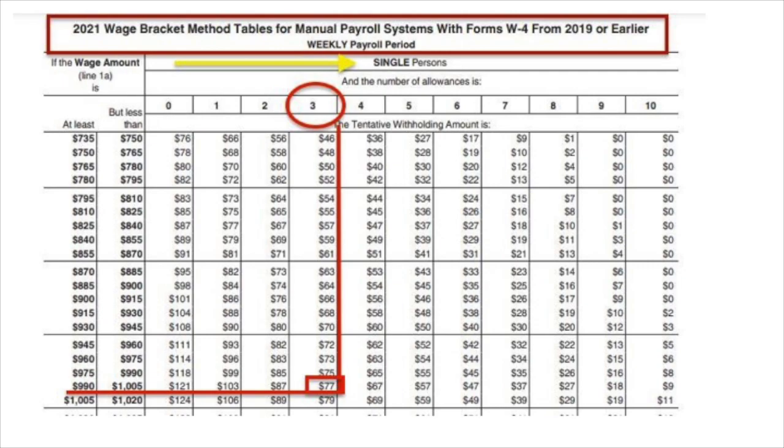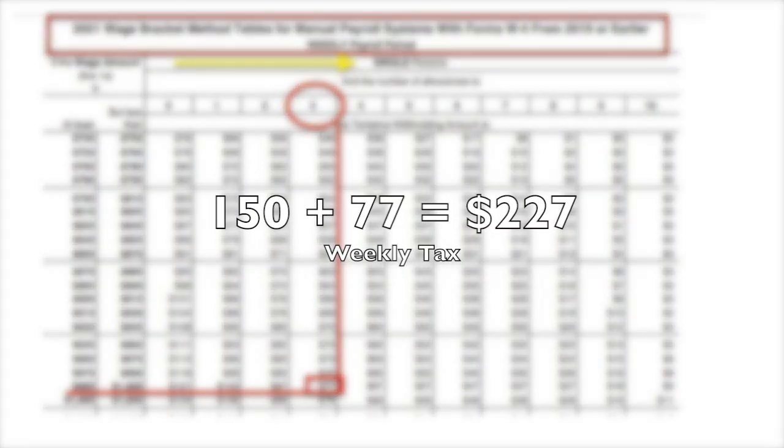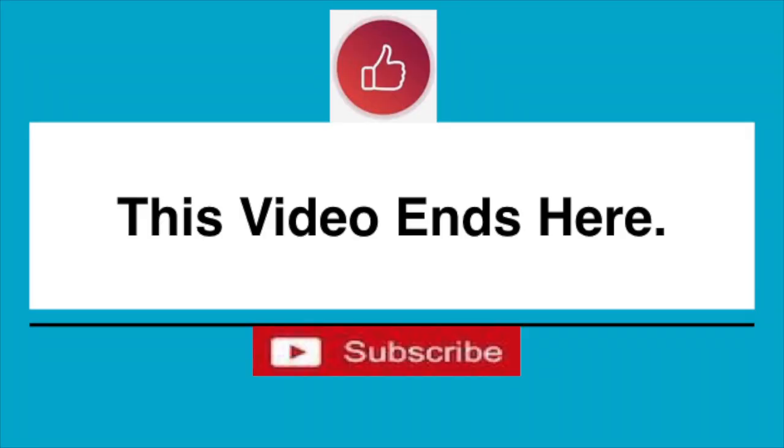There is no place on the older W-4 form for the employee to enter any tax credits, so we don't worry about any amount that we have to deduct from this tax. We are also given the additional withholding amount, which is $150. So we will add $150 to our tax of $77, and the total amount that will be withheld per pay period for this employee will be $227.